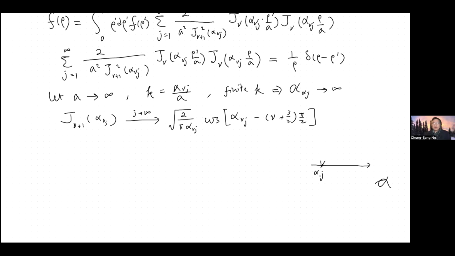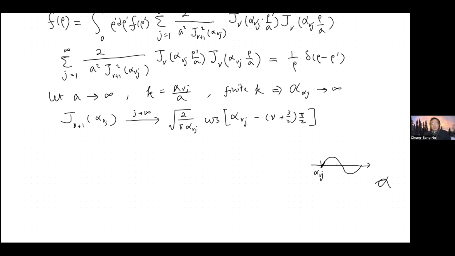The cosine function, ignoring this phase, is 0 here. This is for J sub nu, right?